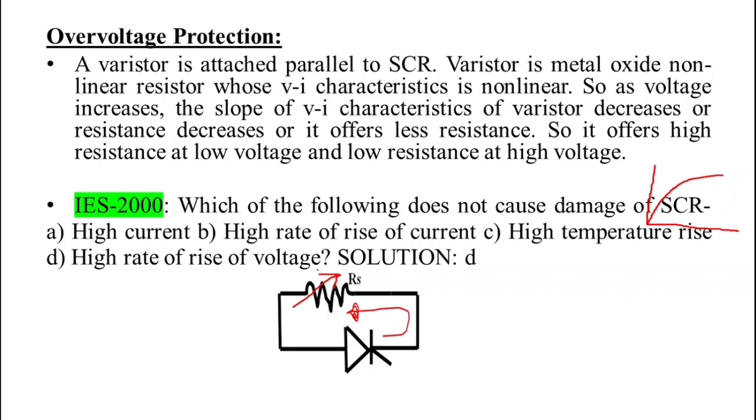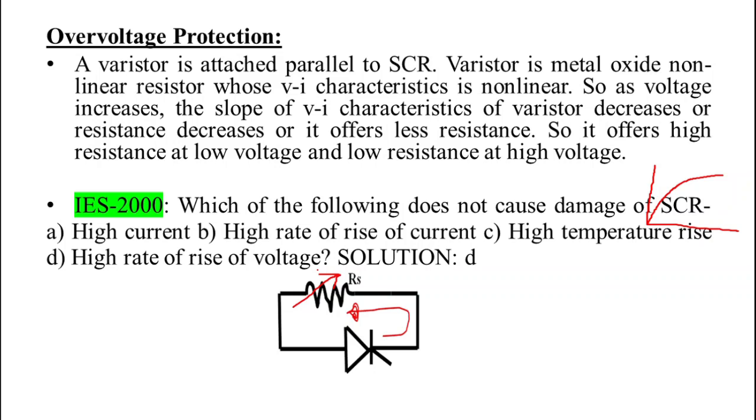Suppose voltage across thyristor is high, then this thyristor will offer low resistance. Okay, it means voltage drop across thyristor is low as this thyristor is connected in parallel with SCR. In this way, this thyristor protects SCR from overvoltage.